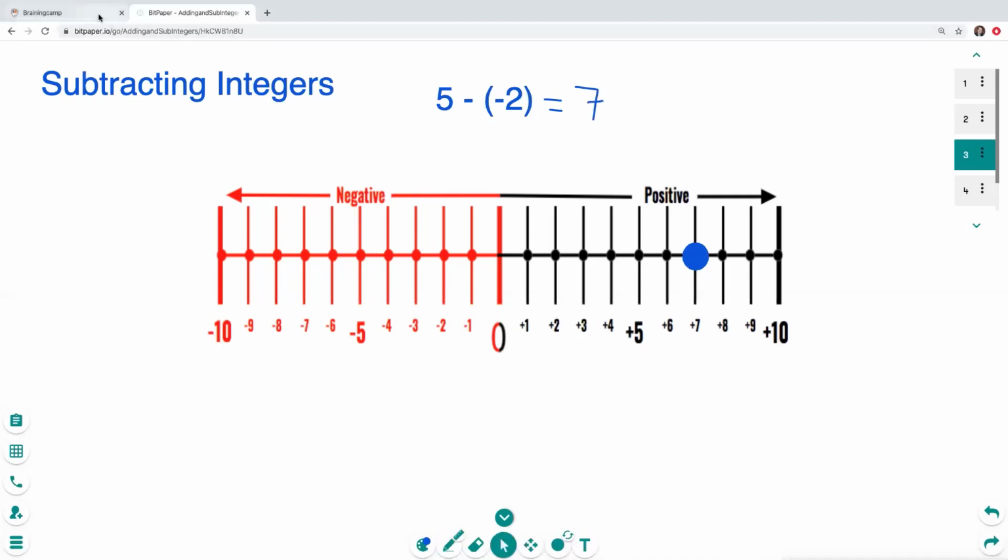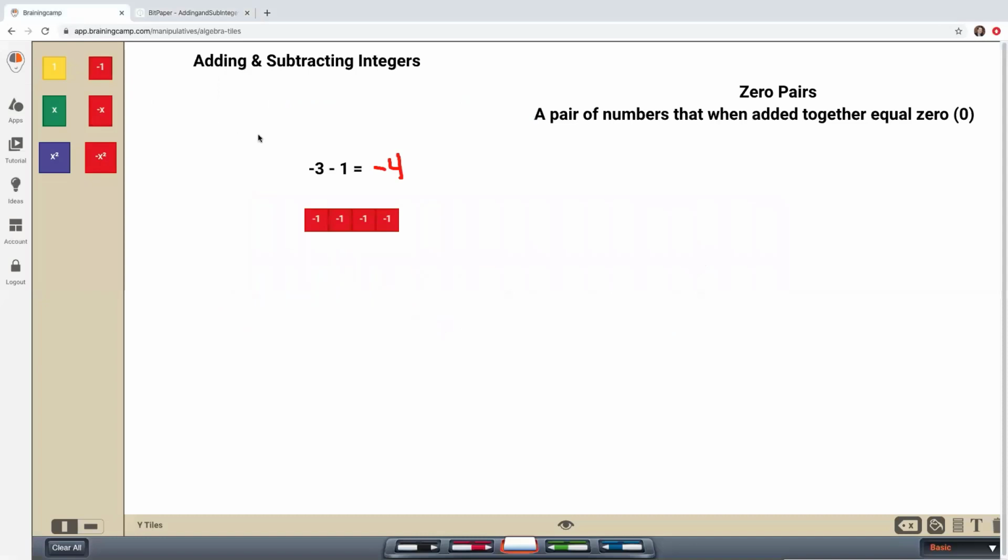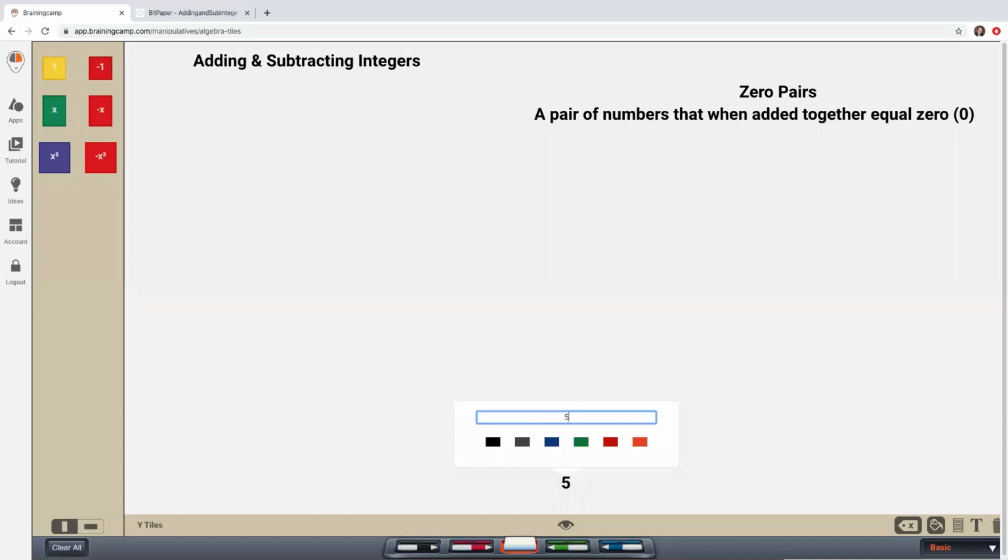Let me demonstrate that with the algebra tiles. Okay, my problem, I'll type here, is 5 minus -2. All right, I'm starting with +5.